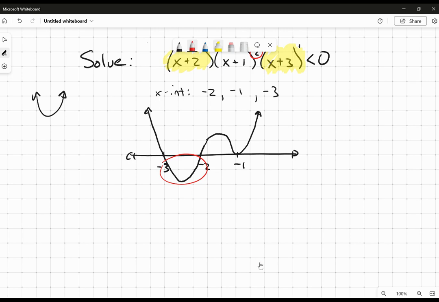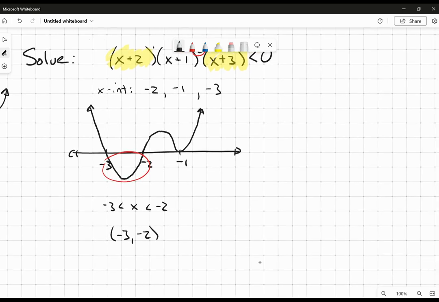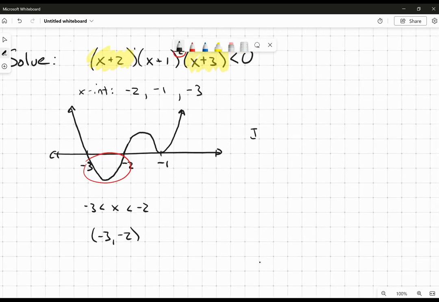So my answer here is going to be -3 less than x less than -2, or in interval notation, -3 out to -2. Now, just to make this a little bit more interesting, if the question had been x plus 2, x plus 1 squared, x plus 3 less than or equal to 0, then my answer would have included that -1.